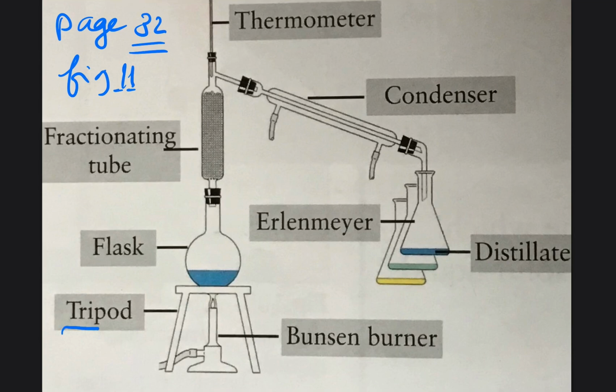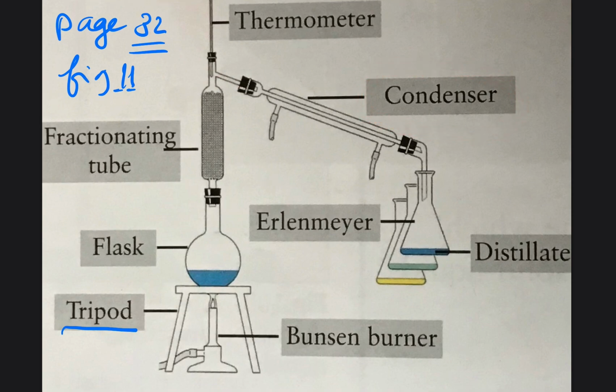So the tripod is a stand that holds the flask, and we have the Bunsen burner. It's a heater, it has a little flame here, and we have the flask. It's a round bottom flask, and the fractionating tube is where the vapor is collected, and from there the vapor would go into this condenser.